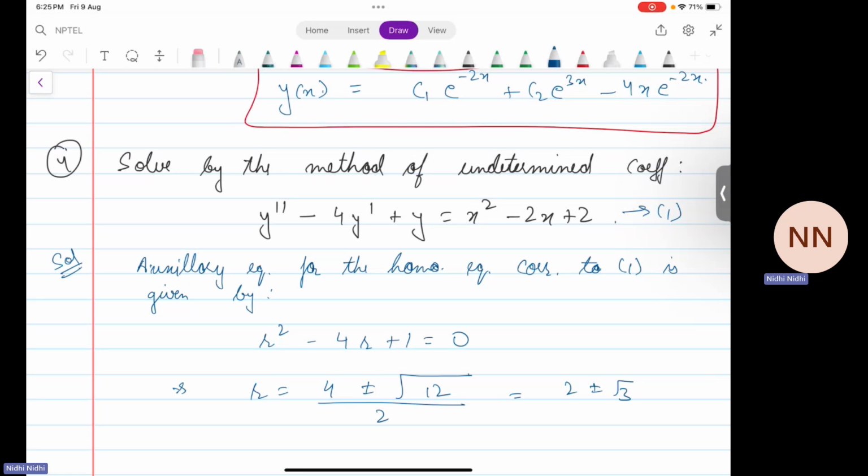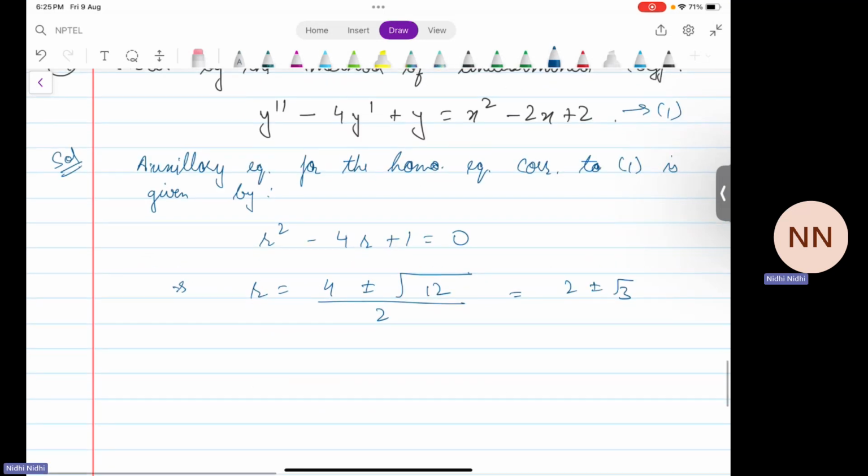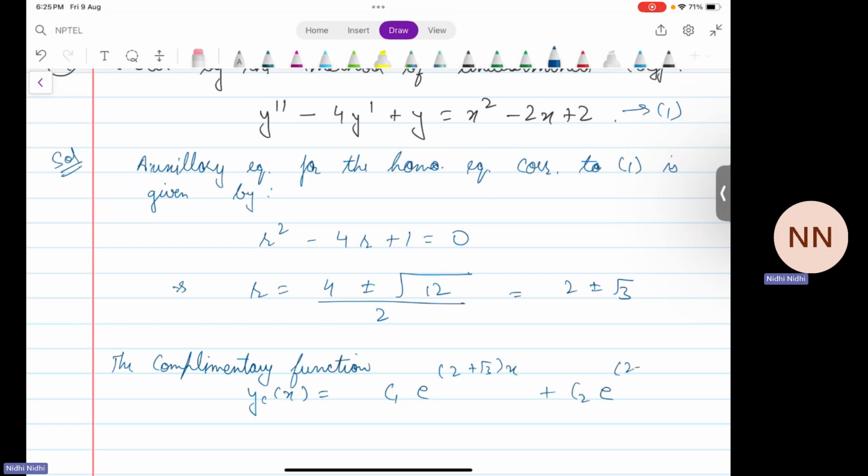In that case, our solution is called the complementary function. The complementary function yc(x) is given by c1 e to the power (2 plus root 3)x plus c2 e to the power (2 minus root 3)x.